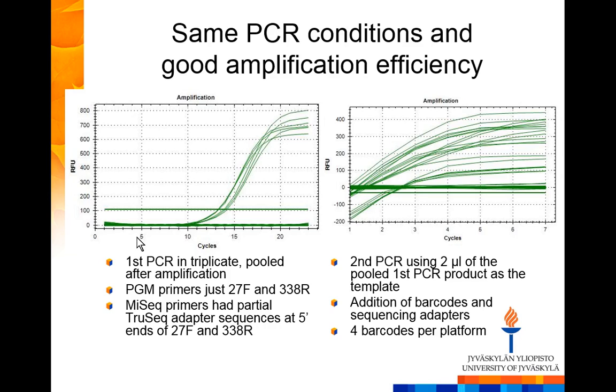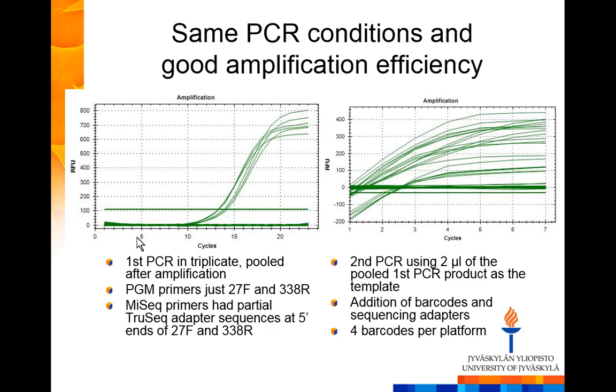And another thing is that when you do this, you can see how the run develops, and you can stop your reaction at the early phase or even the beginning of the plateau, which would be ideal because then you would have fewer heteroduplexes and probably fewer chimeras, which are errors that you introduce upon PCR.